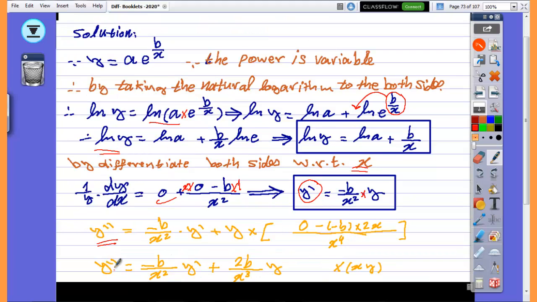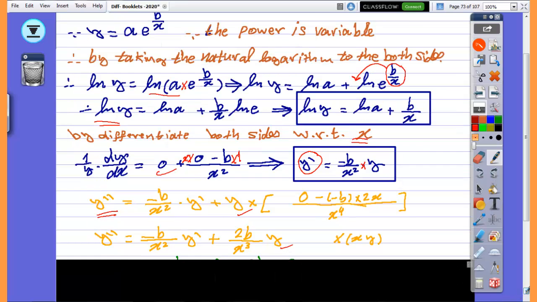So y double dash equals negative b over x square times y dash plus y multiplied by this fraction. In simplest form this fraction equals 2b x over x to the fourth, times y here.